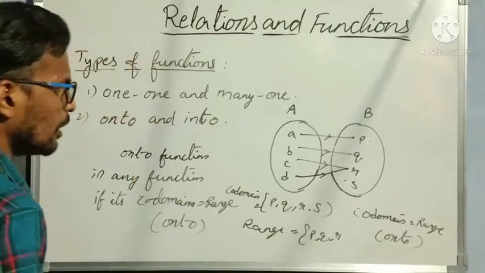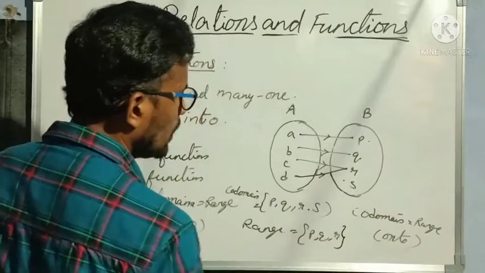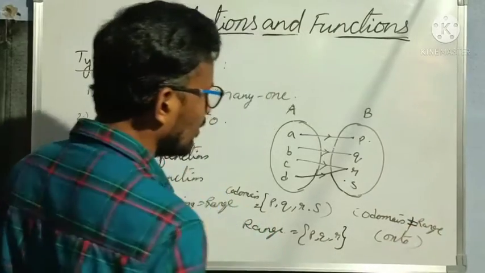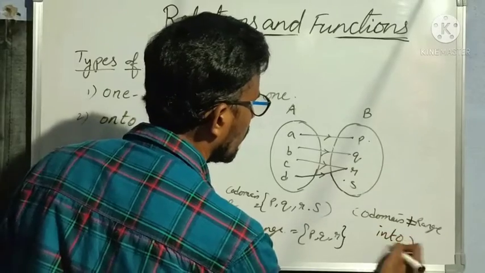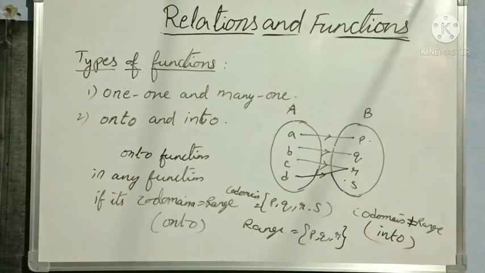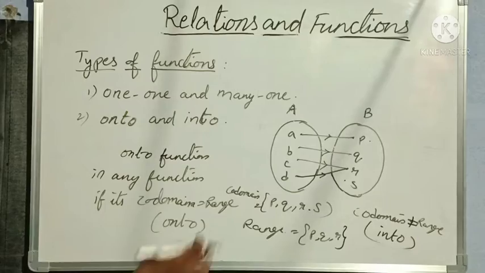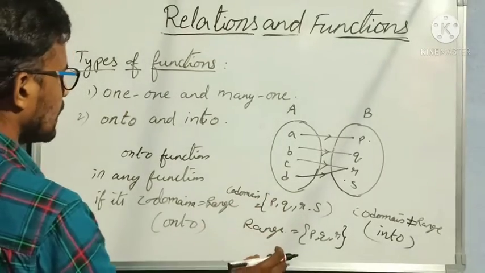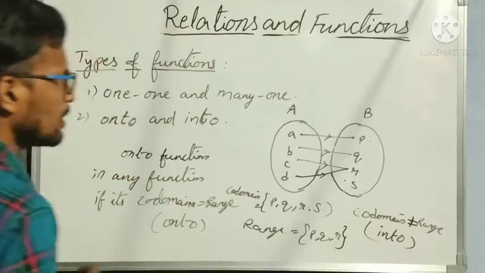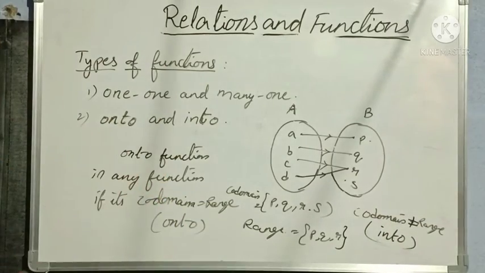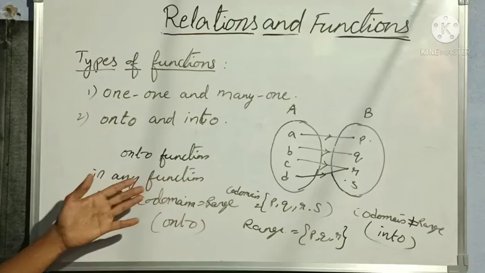So in our range we will not get S. In this condition, codomain is not equal to range, and such a function is called an into function. Understood everybody? The difference between onto and into: if codomain is equal to range, the function is onto; if codomain is not equal to range, the function is into. This is about types of functions.